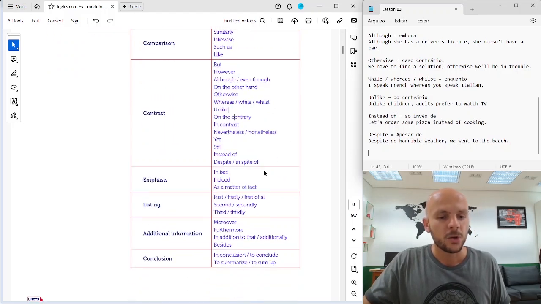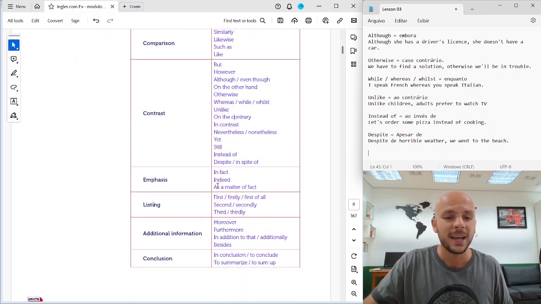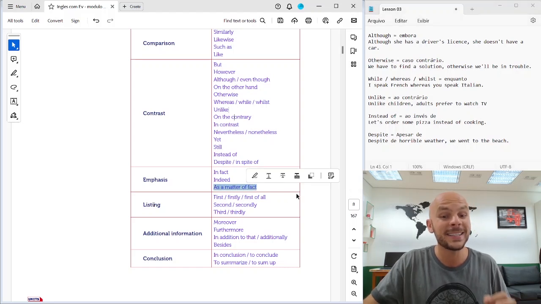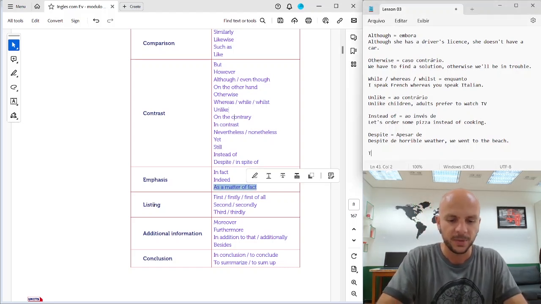Connectors of emphasis: in fact, indeed. As a matter of fact is extremely used in English. For example, this coffee is delicious.